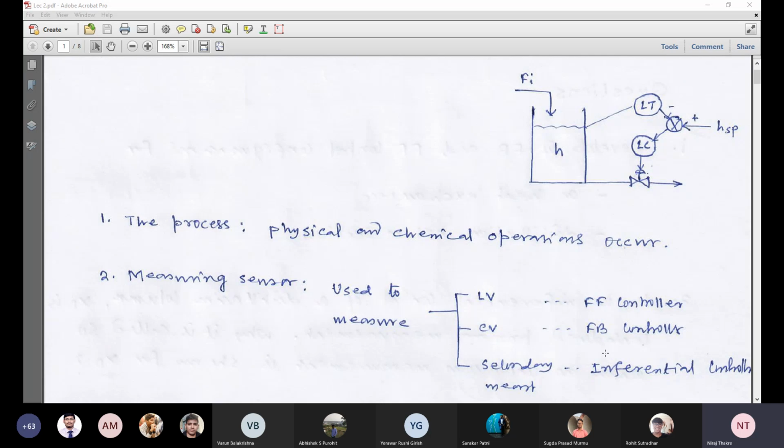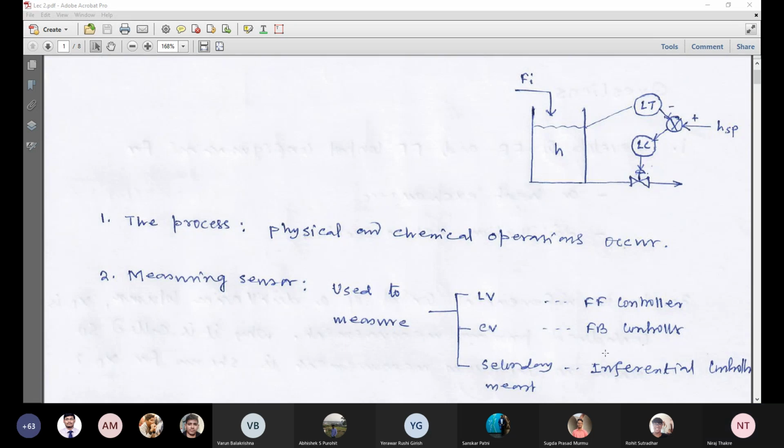We have discussed these three control schemes: feed forward, feedback, and inferential controller. In case of feed forward controller, we measure load variable. For feedback controller, we measure control variable. And for inferential controller, we measure secondary measurement.